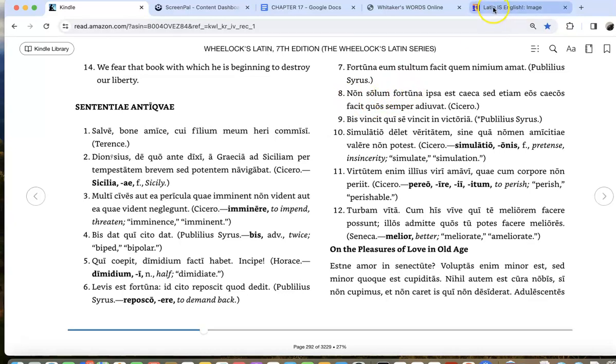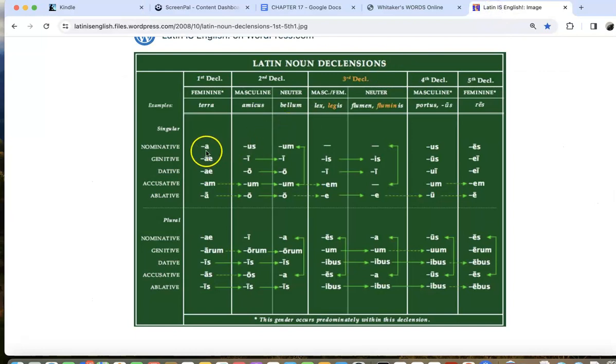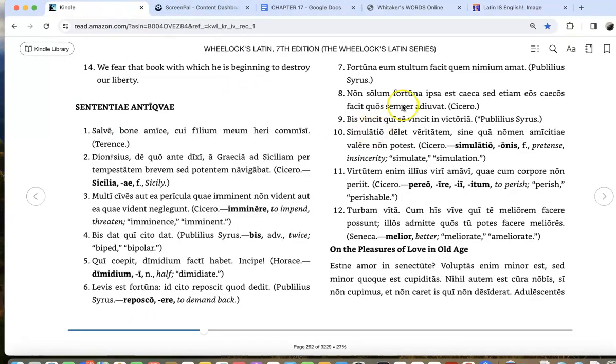Fortune is the subject. How do we know that? Well, context clues, but also because fortune ends in a nominative ending, namely fortuna, and the nominative is always the subject in Latin.